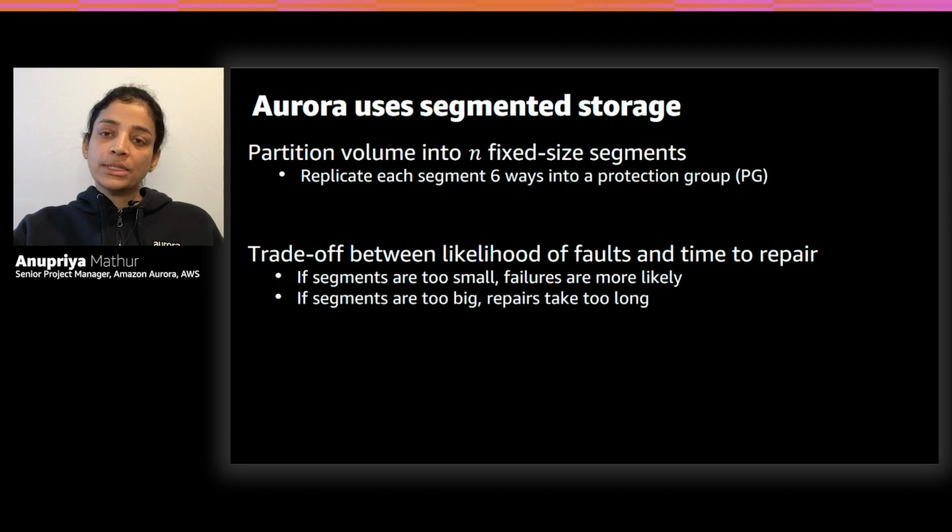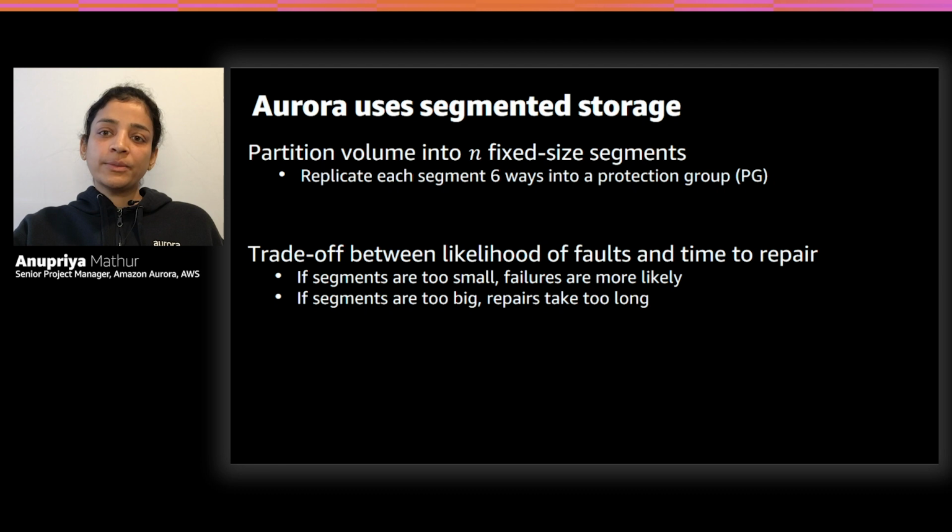So what we do is that we split a volume into multiple segments of fixed size each, so that we can have smaller segments in which we are storing data. And thus, if we have any failure, then we can recover faster on a smaller segment compared to a 128 terabyte volume.